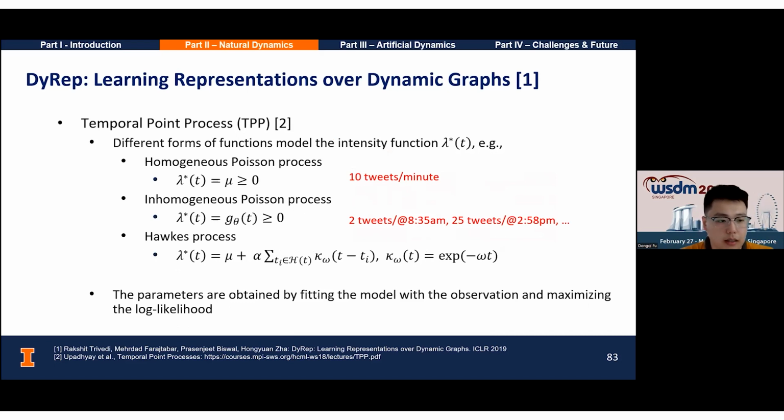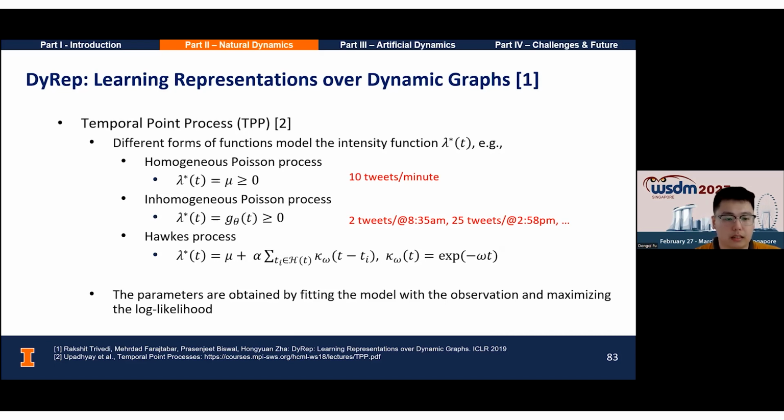There are different variants of temporal point process. We have the homogeneous Poisson process, where lambda t equals a constant over time, which you can understand as always 10 tweets per minute. Also, we have the inhomogeneous Poisson process, which is a nonlinear function of time t.